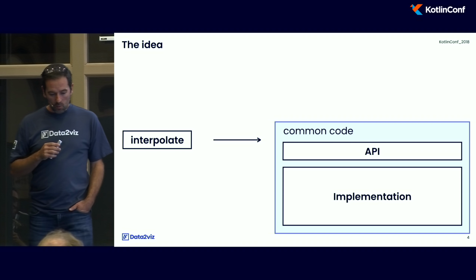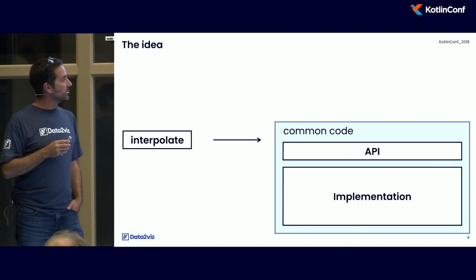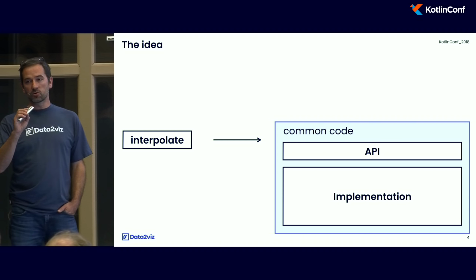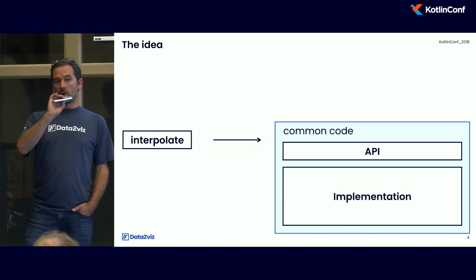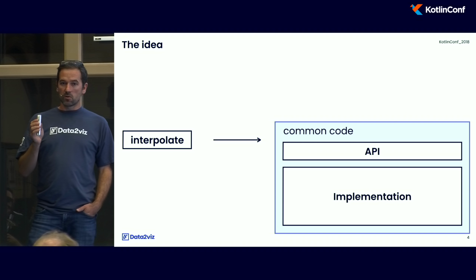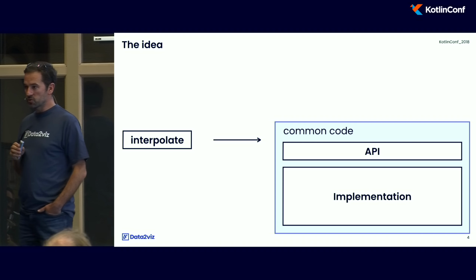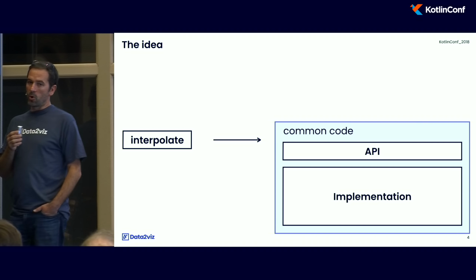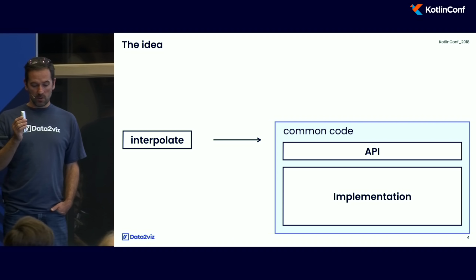And what we did was to take each module of D3.js and to port it into Kotlin code. So for some parts, some modules, we could port all the code into common code.